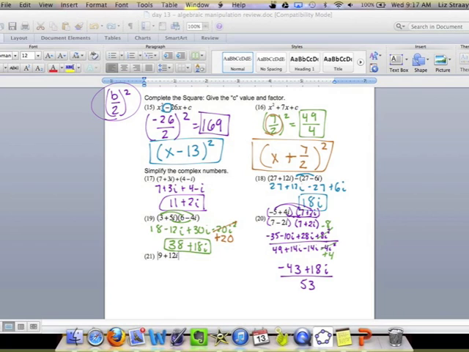For the final answer, we separate that top to each be over individually the 53 on the bottom. Questions on dividing?